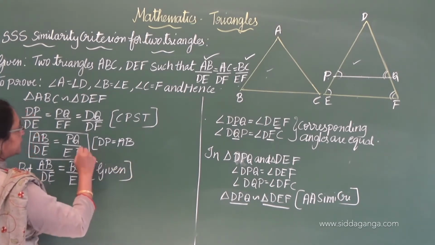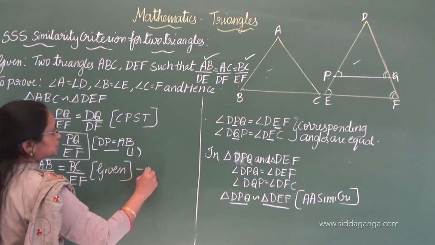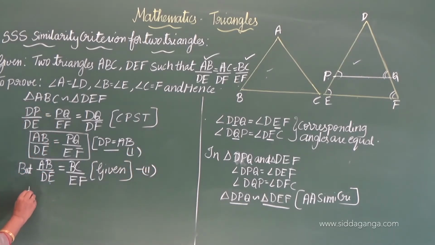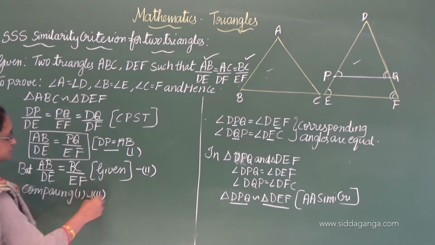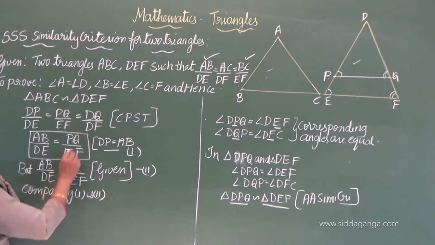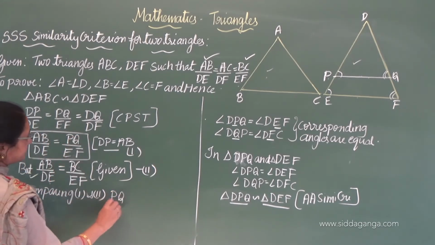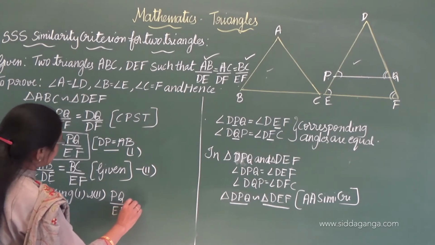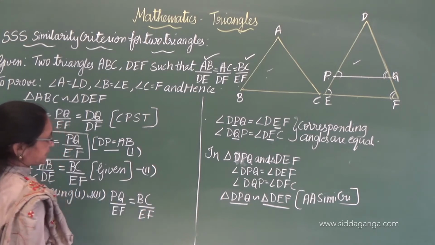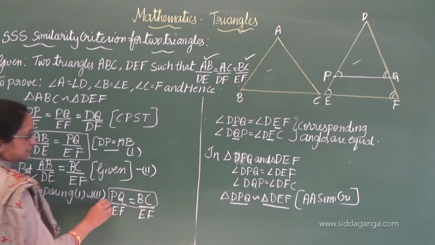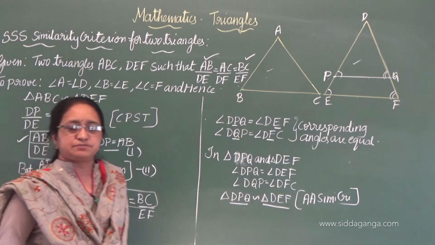So by comparing 1 and 2, what does this show? We have PQ by EF is equal to BC by EF. What does this mean? This means that PQ is equal to BC, okay.